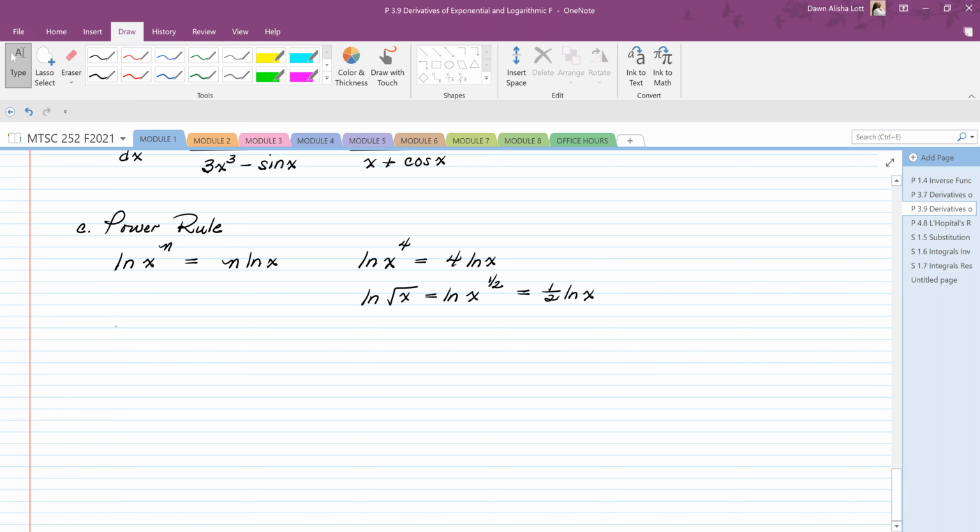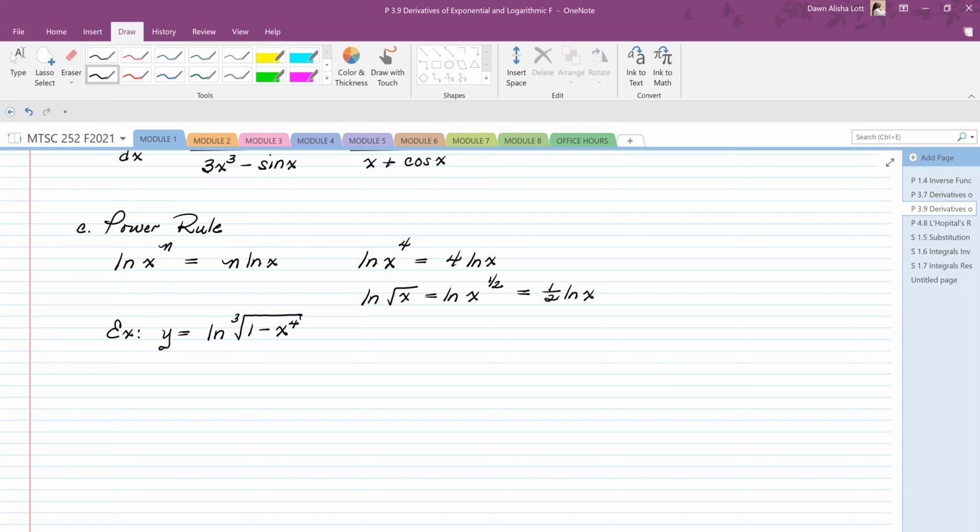So here's an example. y is equal to the natural log of the cube root, ooh, that's hideous, of 1 minus x to the 4th. Now, there are several ways you can do this problem.